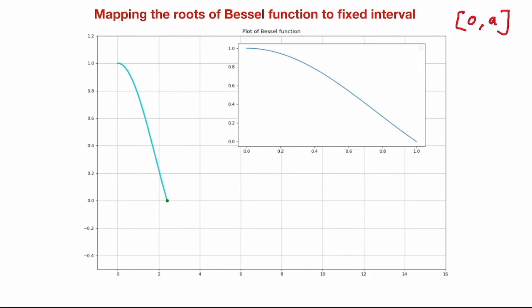We can see that the first root of the Bessel function at this point will be mapped to 1 here. Now we see that the root of the Bessel function x0j is mapped to an interval 0 to a such that it is scaled as x0j x by a. I used j here instead of 1 because it is done for all the roots. So I didn't want to change it because otherwise it becomes cumbersome.